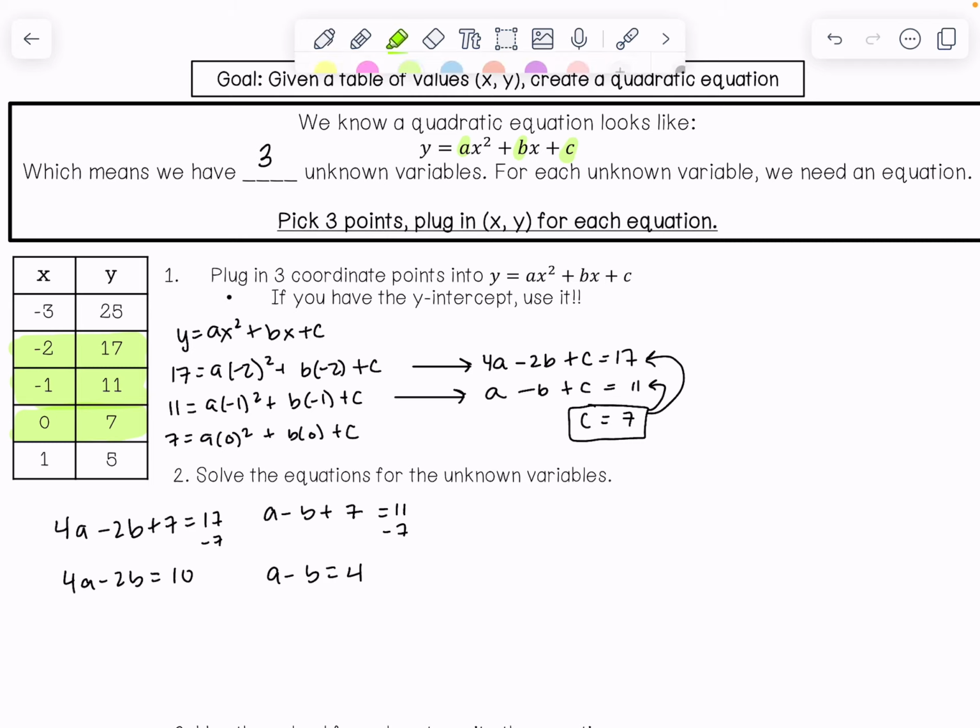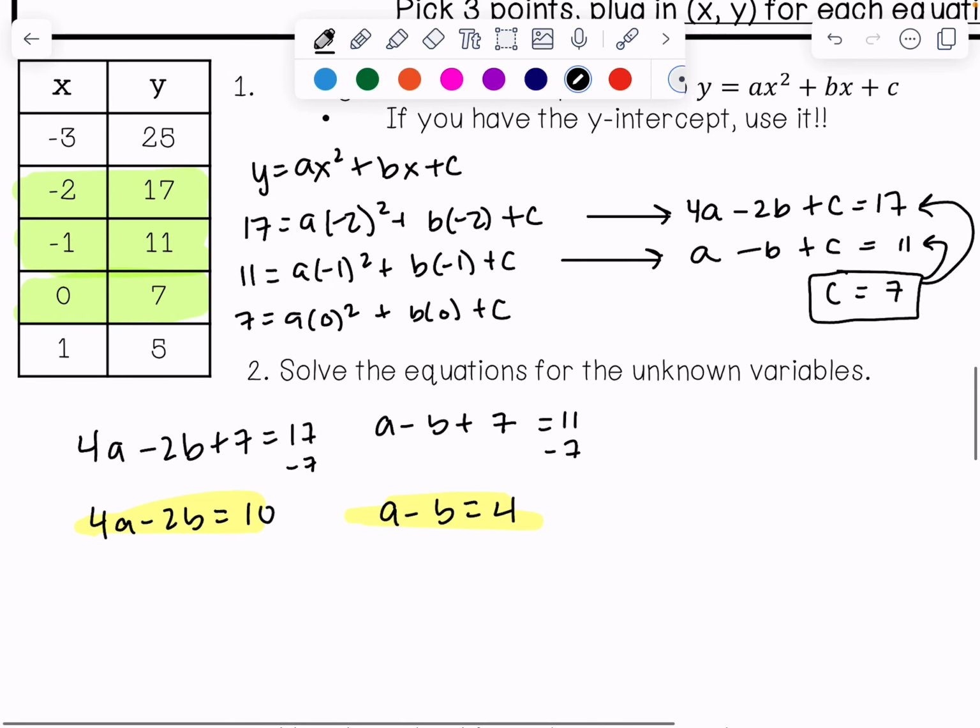So here you have it. I have two equations, two variables, so I can solve these out. I see that for this one, isolating a variable is going to be really easy, so I'm going to use substitution. That's going to give me a equals, I'm going to add that b to the other side, so b plus 4. And I'm going to substitute that in here.